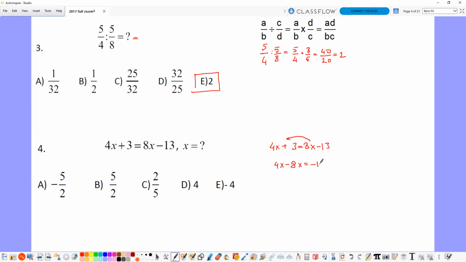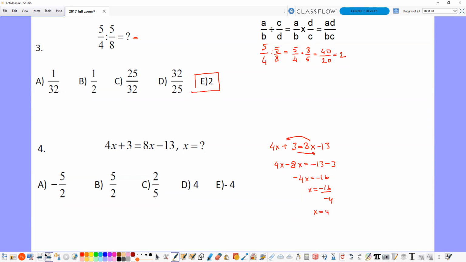And minus 13 here, this 3, when it comes to this side, it becomes minus 3. So 4x minus 8x is equal to minus 4x. And it's going to be equal to minus 13 minus 3, which is equal to minus 16. It's going to be x is equal to minus 16 divided by minus 4. X is equal to 4. Here it is written 4.